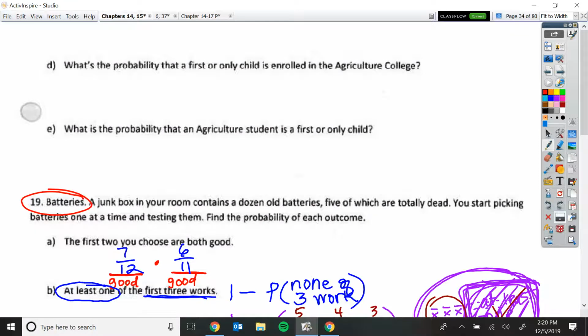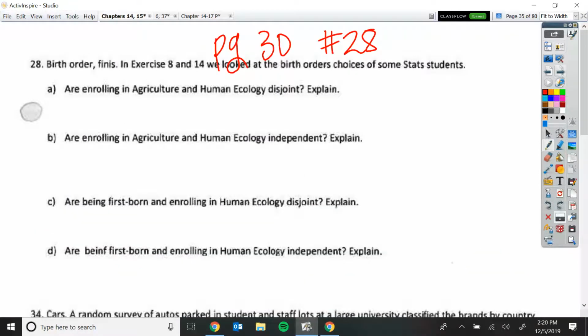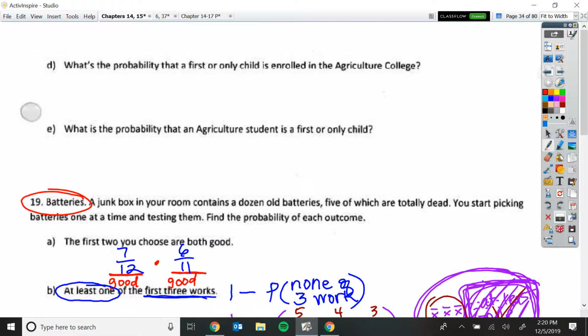Thank you, ma'am. And so then here, the first question says, are enrolling in agriculture and human ecology disjoint? Okay, so odds tell the evens what you think, what you know of disjoint, and discuss what you think about that ag and human ecology. So go take a look at that.